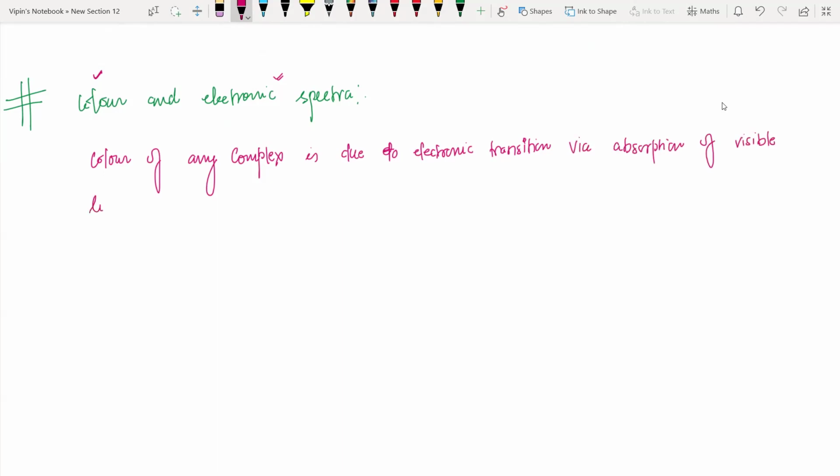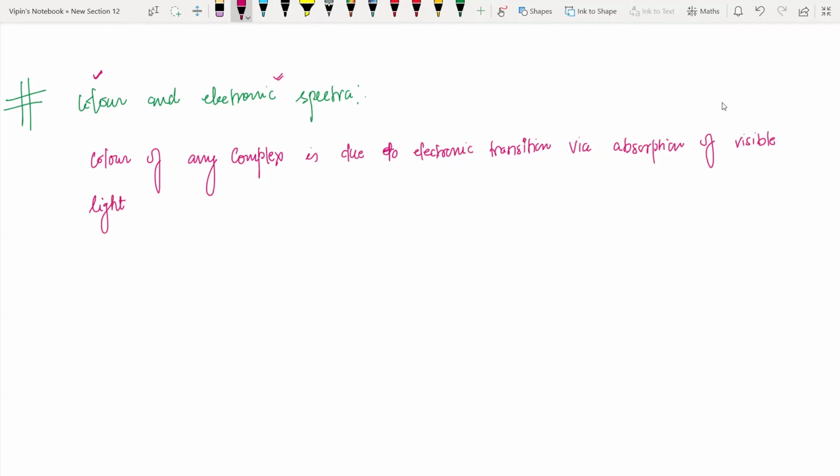Visible light is a must because our eyes are not able to see IR radiation, UV radiation, microwave radiation, radio wave radiation, right? So it is necessary for any system to show absorption in the visible region.